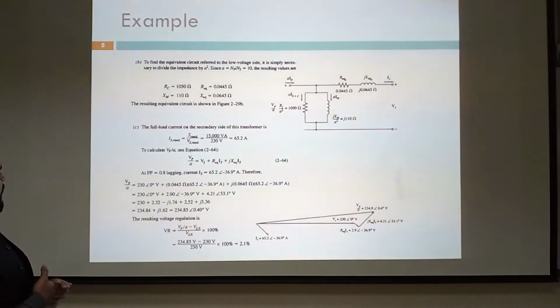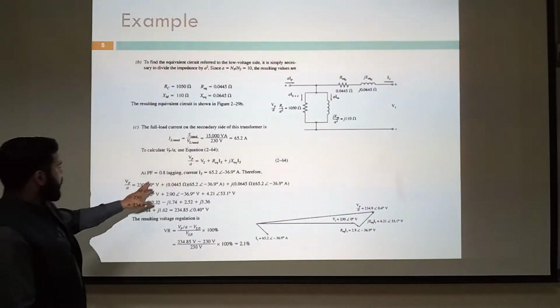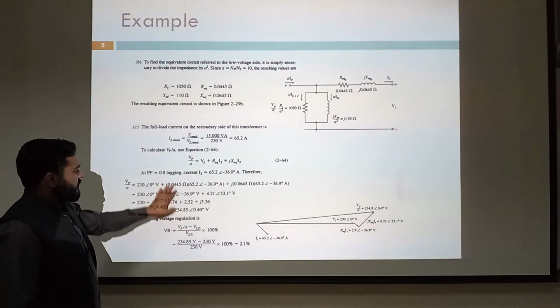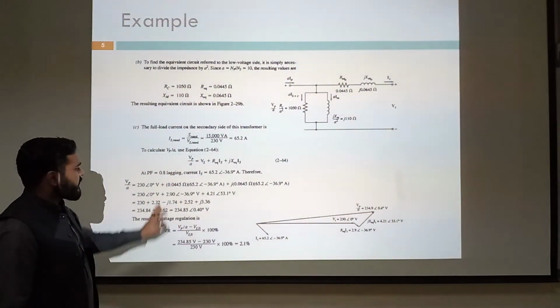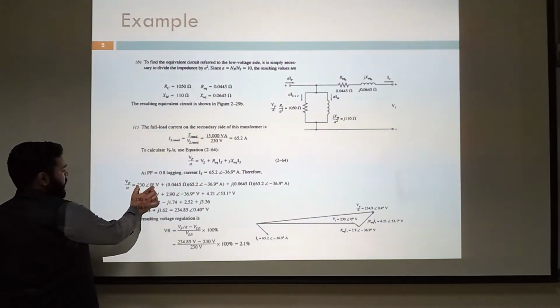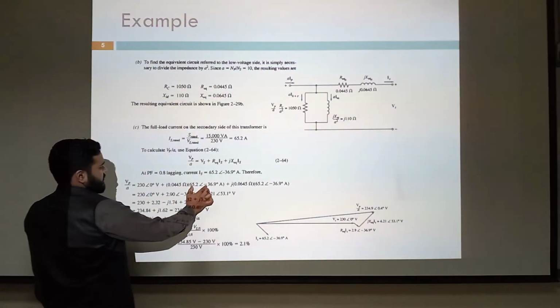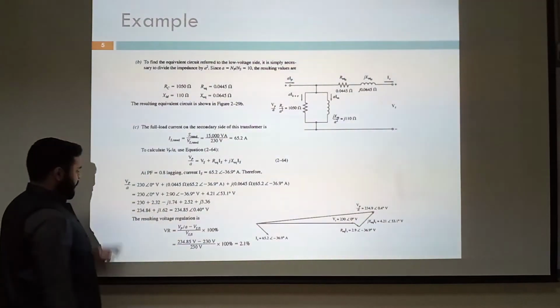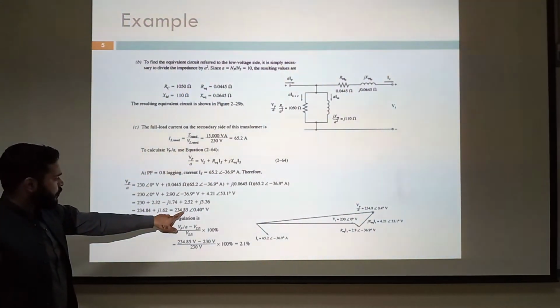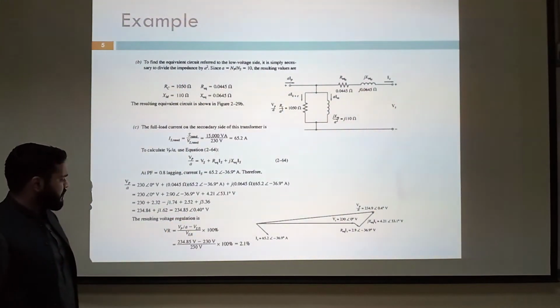Now we have to find at power factor 0.8 lagging. Whenever the power factor is lagging, it means that the angle is negative. So just put in 230, put in these values and compute this. So we get Vp by alpha is equal to 234.85 with angle 0.40.